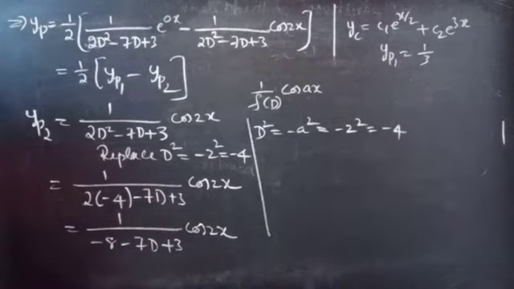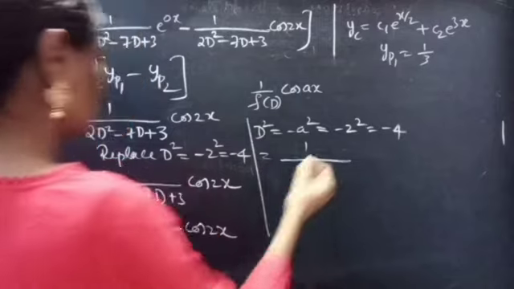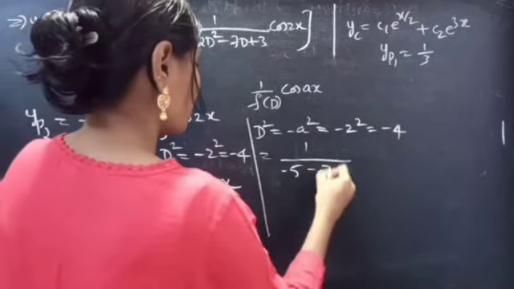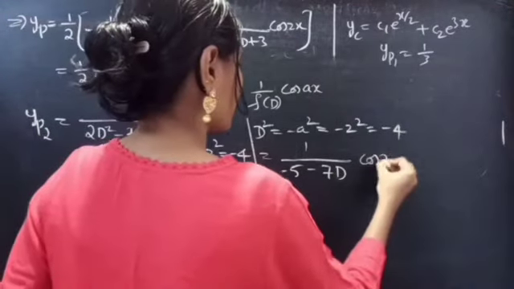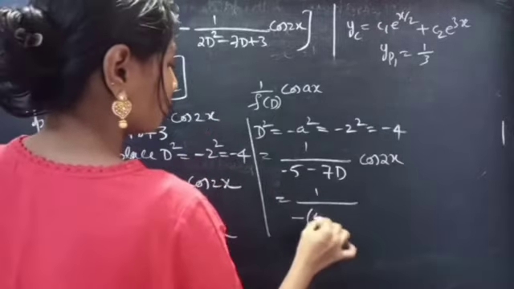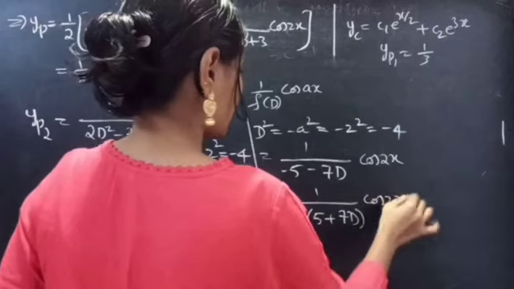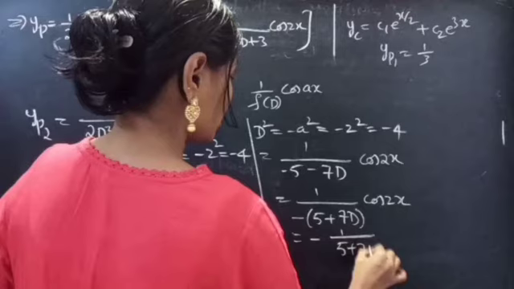This becomes 1 by (-8 + 3 = -5 - 7D) into cos 2x. Now take minus common from the two terms of the denominator. You'll get -(5 + 7D) into cos 2x, which equals -1 by (5 + 7D) into cos 2x.